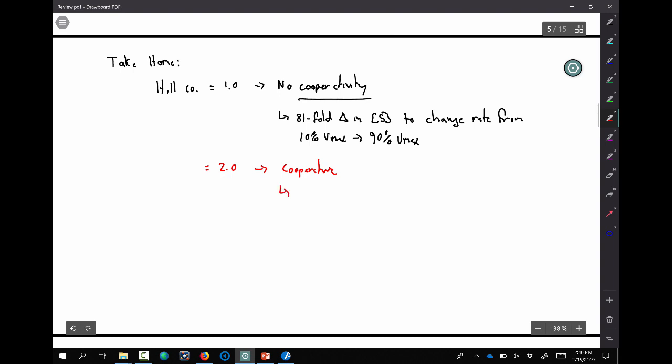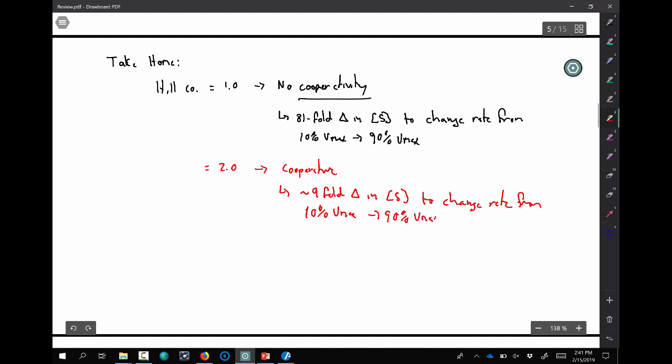I can't remember the exact fold change. I think it's like 9-fold. Don't quote me on that. There's a table in the notes, but it's about a 9-fold change in substrate concentration to change the rate from 10% Vmax to 90%.